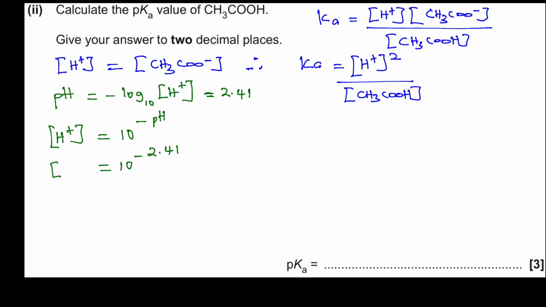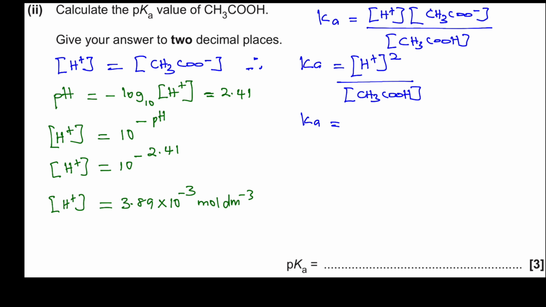And that will be the concentration of H+, which equals 3.89 × 10^-3 mol/dm³. Now we know the concentration of H+, we can plug that in to find the Ka value.